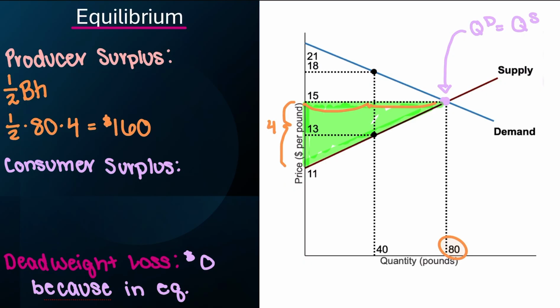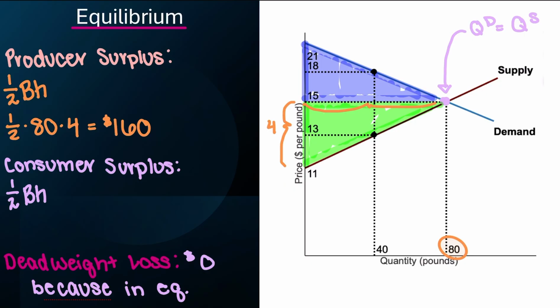Consumer surplus is going to be this area up here and this purplish blue looking triangle. And since it's also a triangle, we can actually use the same formula. So it's still going to be 1/2 times base times height.